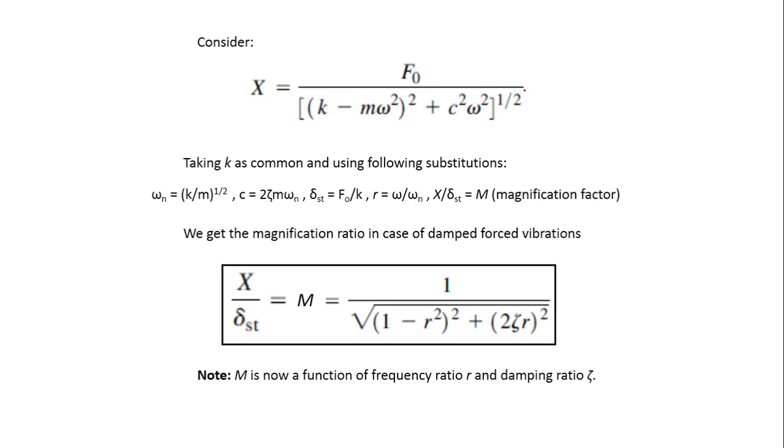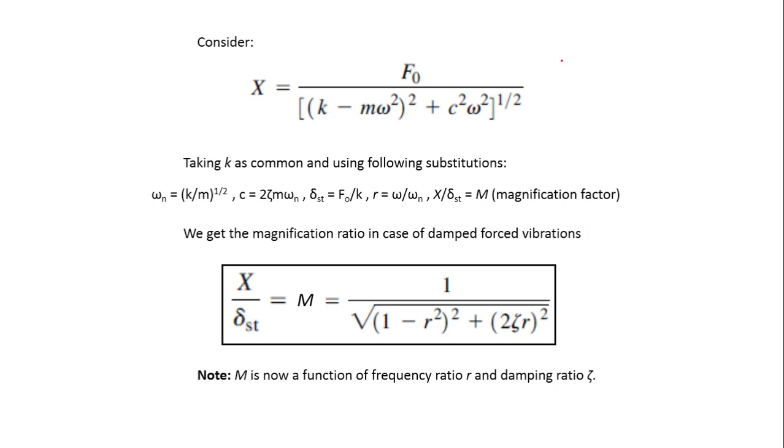Okay, so consider the value of X here again. And what we do is that we take K as common from the denominator and use the following substitutions. So we know that omega n is under root K upon m. C is equal to 2 times zeta m omega n.